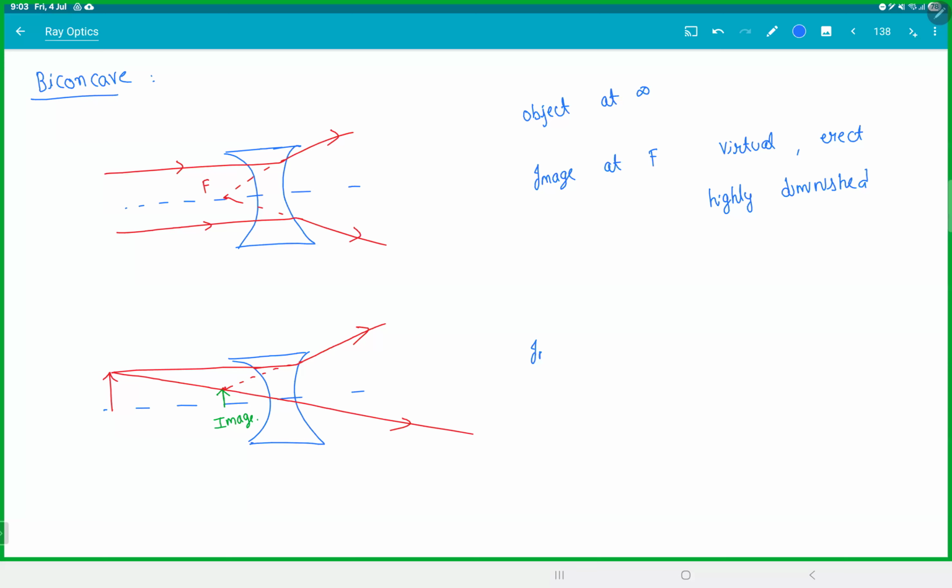Here the image is erect, virtual, diminished. Clear with this? Convex mirror ka results. So biconcave will always create a virtual image.